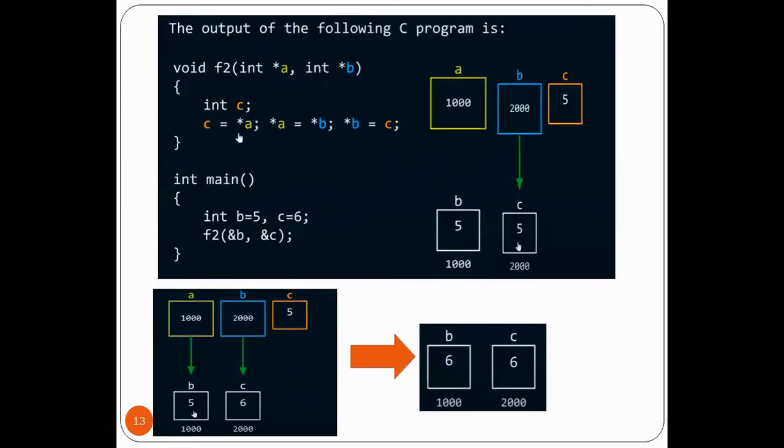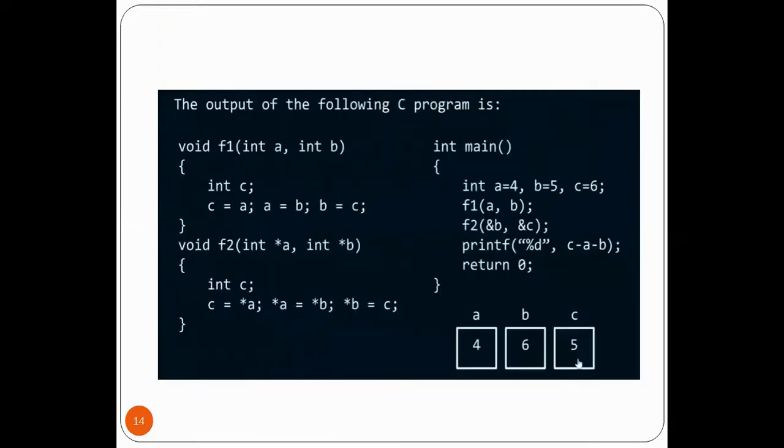If you can see, A is 4, that was defined in the main function, B is 6 and C was 5, because now when we're using call by reference, these values have been changed, right? B and C are changed because here we are passing the addresses of B and C. Now if you do C minus A minus B, you will get C is 5 minus 6 minus 4, and you will get the result.